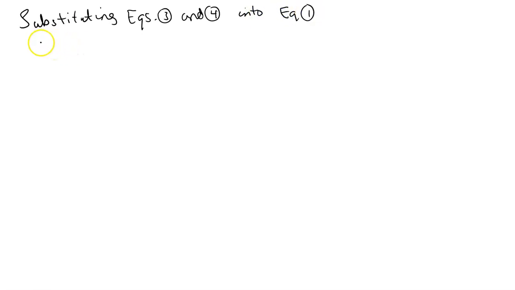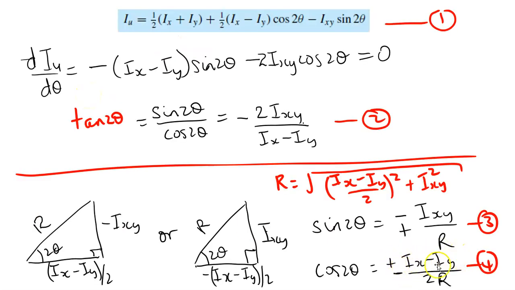And what I get is, I'm going to put I, and now I'm going to put 1 and 2 because I'm going to get two values. I'm going to put (Ix plus Iy)/2. And remember, cos 2 theta can take plus or minus (Ix minus Iy)/2r. So when I put a half Ix minus Iy in cos 2 theta, I'm going to put these two values.